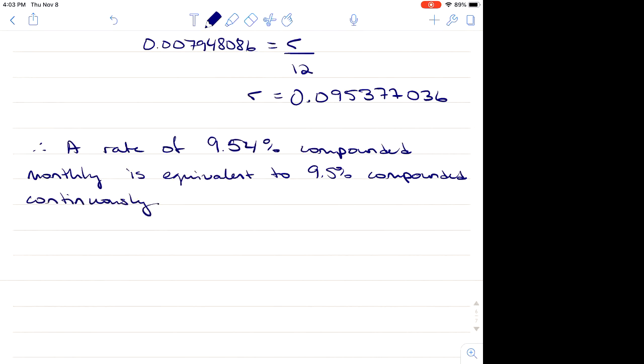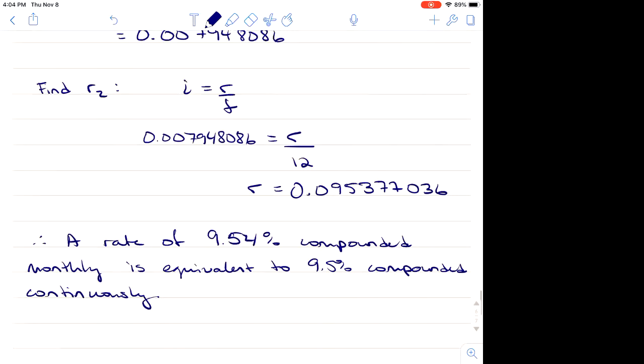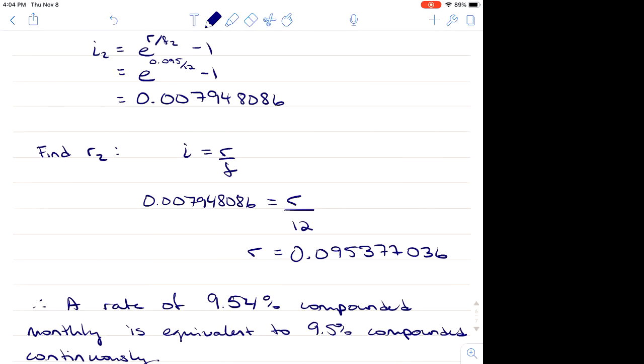Nice. Looks like it's not working. Is everyone getting that? Same rate. Are you doing e to the power of it? Yeah, so 0.095 divided by 12 equals, and then minus 1.